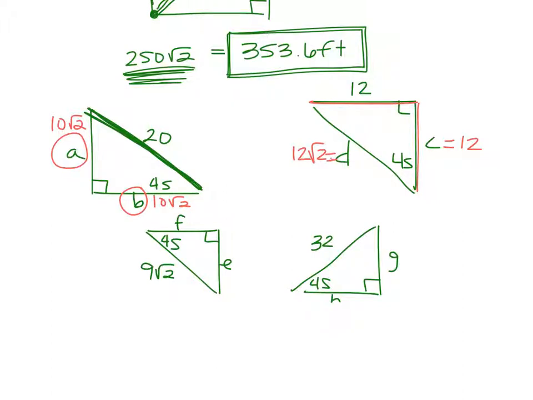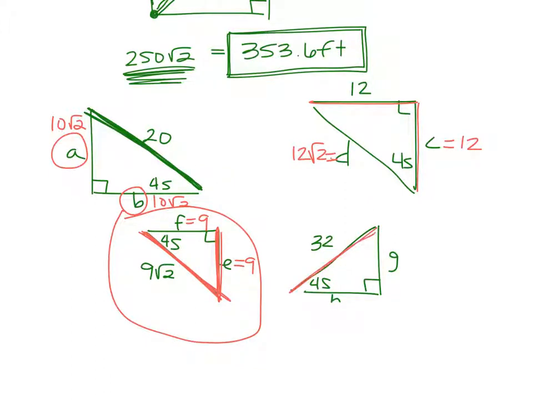Okay? How about now this guy? You have a hypotenuse of 9 rad 2. What is E? That would be 9. What is F? That would be 9, right? So your two legs, your L's, and then your hypotenuse is your L rad 2. Last one, if this is 32, what is G?